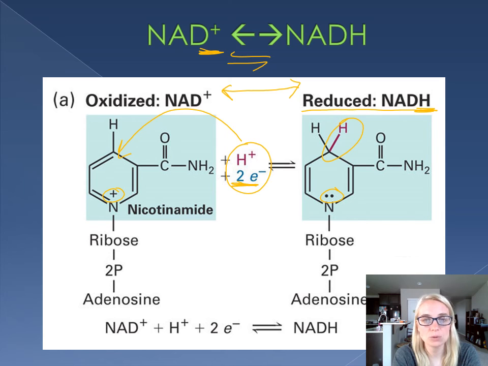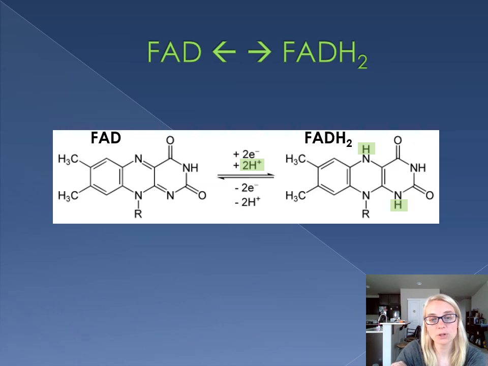It has the ability to take up electrons as we're stripping them away from our glucose and temporarily hold on to them until they drop them off somewhere else in what's called the electron transport chain, which we'll be seeing in chapter 8. Another very similar molecule is called FAD, and again, it is reversible to FADH2.